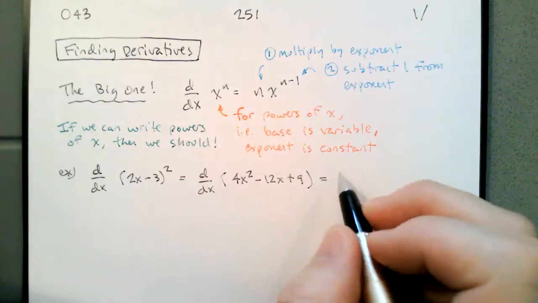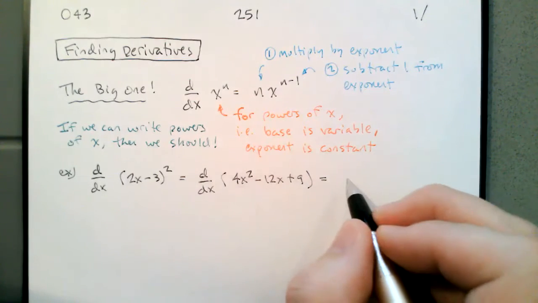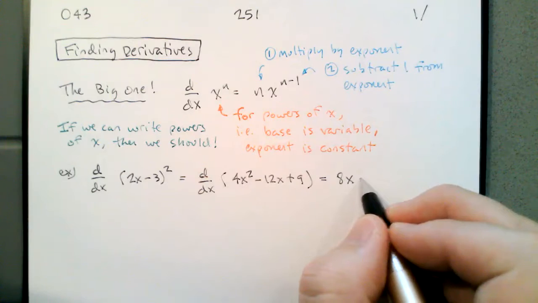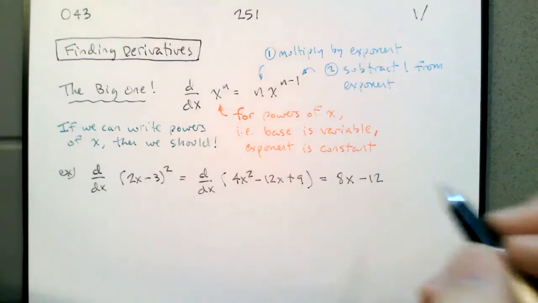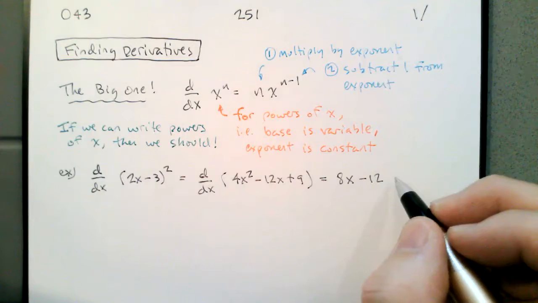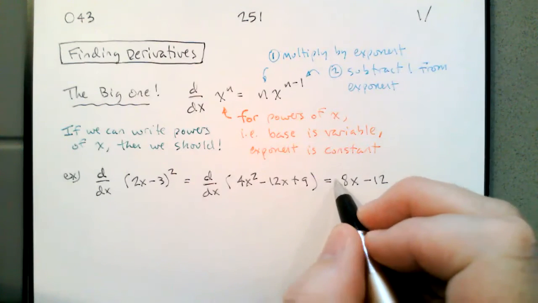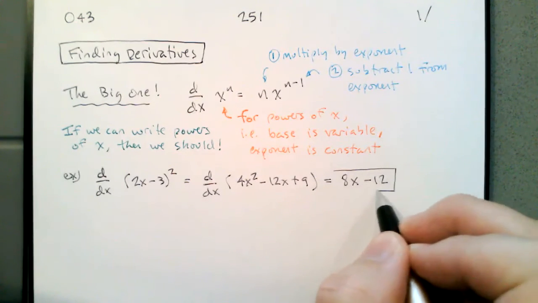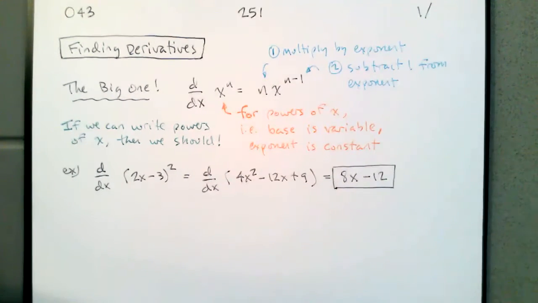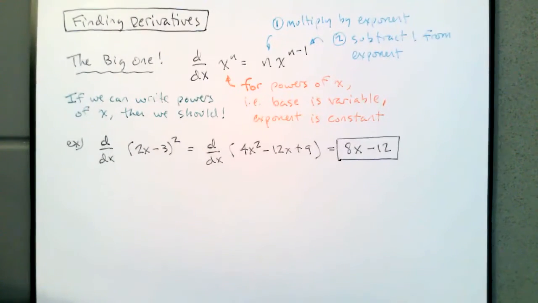Then we get to use our rule. The derivative of 4x squared is 8x. The derivative of 12x to the 1 is minus 12x to the 0. The derivative of 9x to the 0 is 0x to the negative 1, so we don't write anything. So here, it's easy to write powers of x.